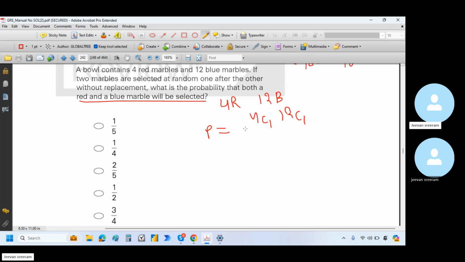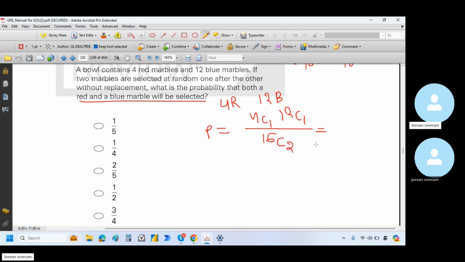For this, 4 red marbles, 1 red marble out of 4 red marbles, 1 blue marble out of 12 blue marbles. So we got it. And next, if 2 marbles are selected at random, okay, so 2 marbles out of 16 marbles, right? 16C2. This is the probability.